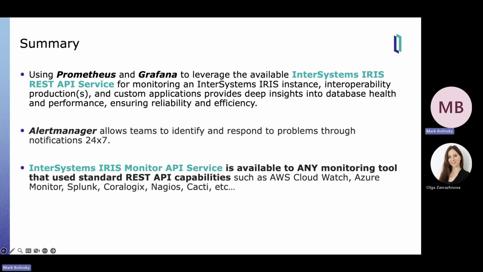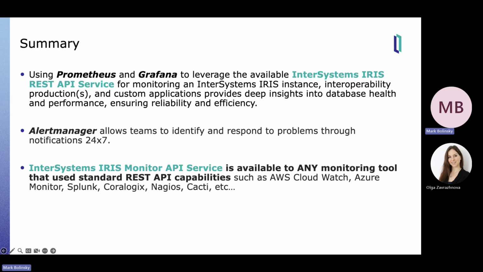It allows you to monitor the actual Iris instance, everything about the instance at the kernel level, resource level, and now new is the interoperability production. So you can actually monitor your productions, your pool sizes, queuing, and then extending that to have your own custom application sensors or metrics added in there as well, to provide that deep insight into what's actually happening.